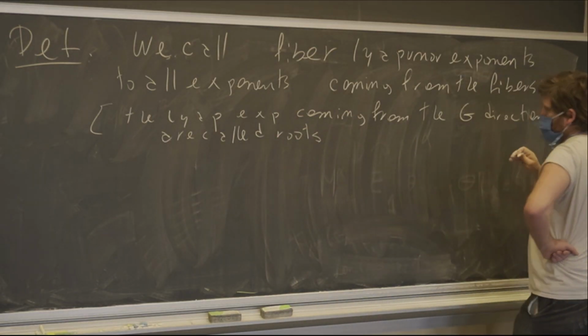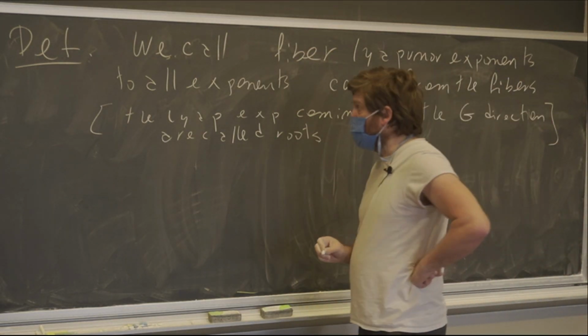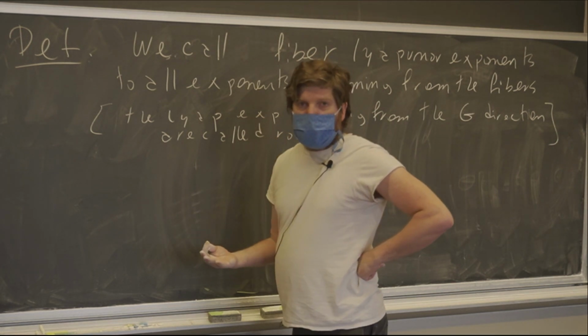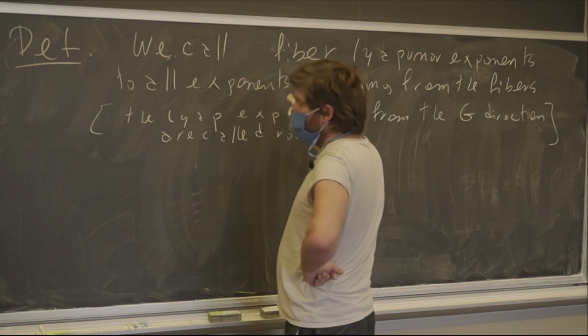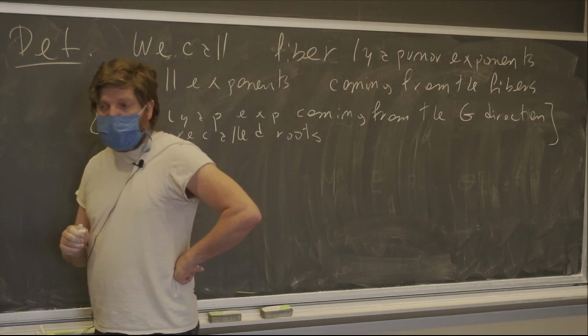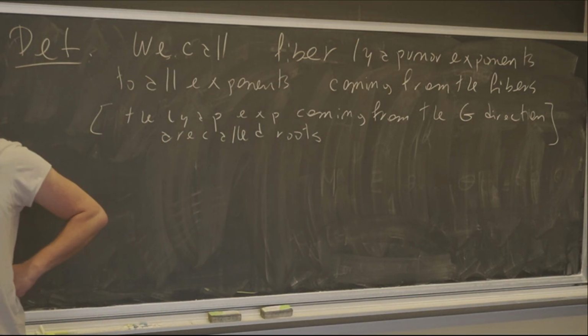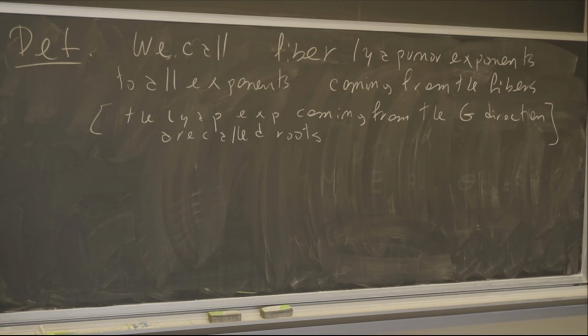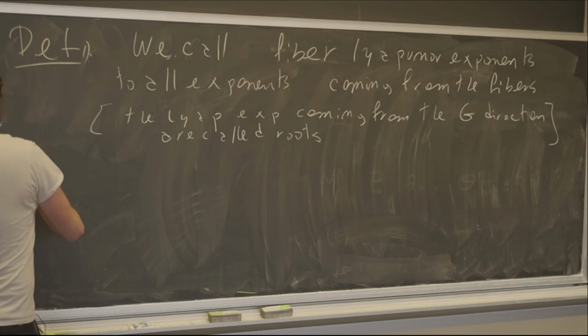So the roots of the group is just this Lyapunov exponent. And actually, if I were in some sort of linear situation, these fibered exponents are what are called the weights of the representation. But that I will probably discuss later, not now. So that's definition one.